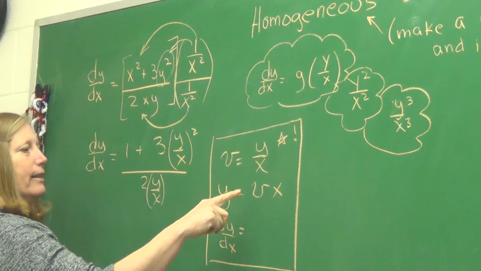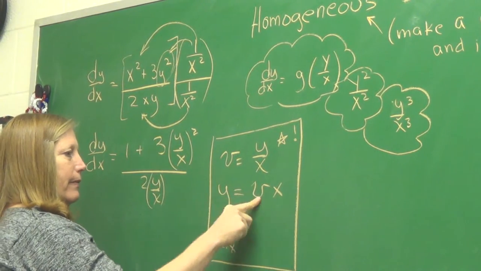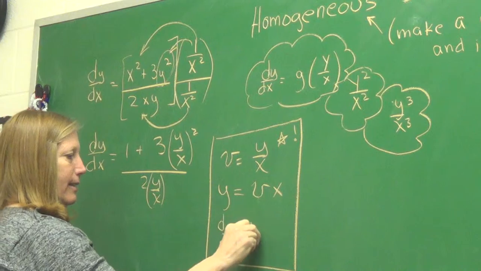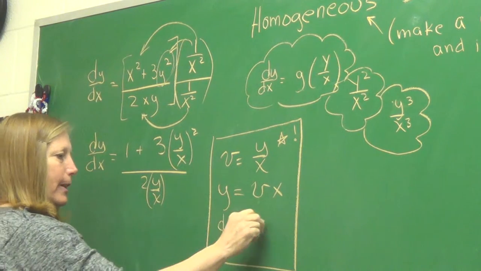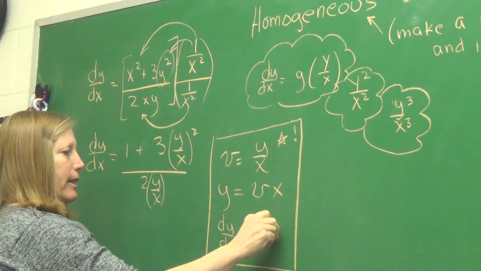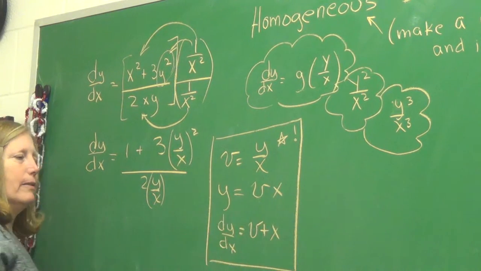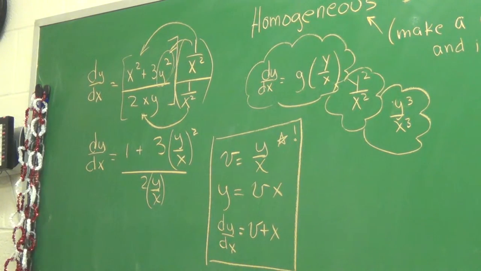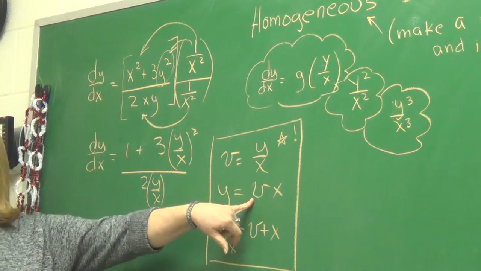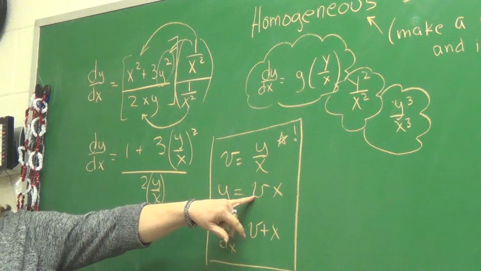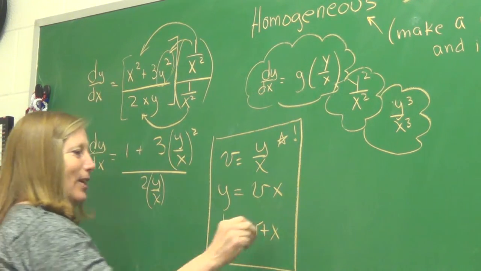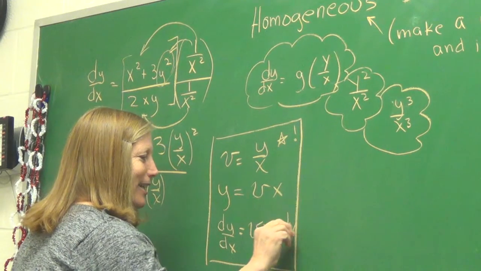You said the first times the derivative of the second, so v times 1, and then plus the second times the derivative of the first. We know x's derivative was 1, but we can't say that the derivative of v is 1. We have to call it dv dx. That was pretty tricky, wasn't it?